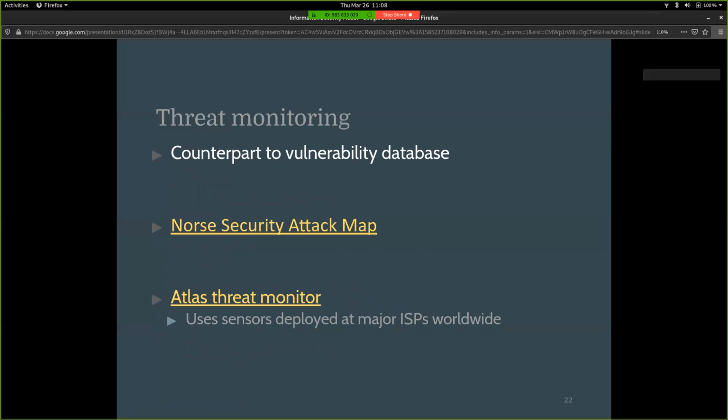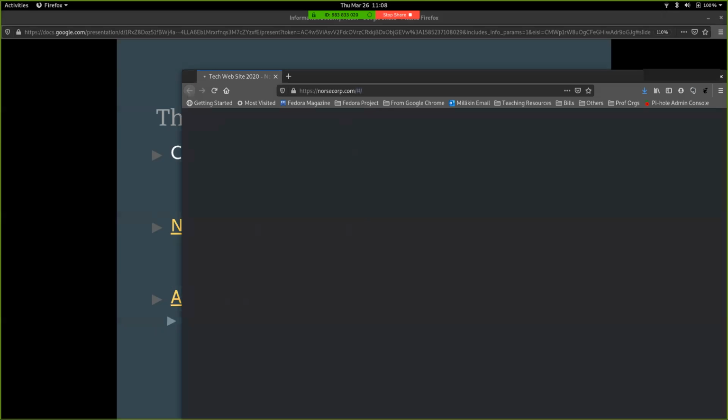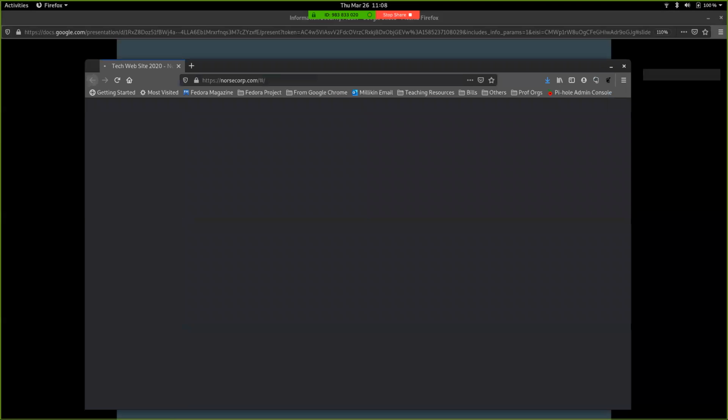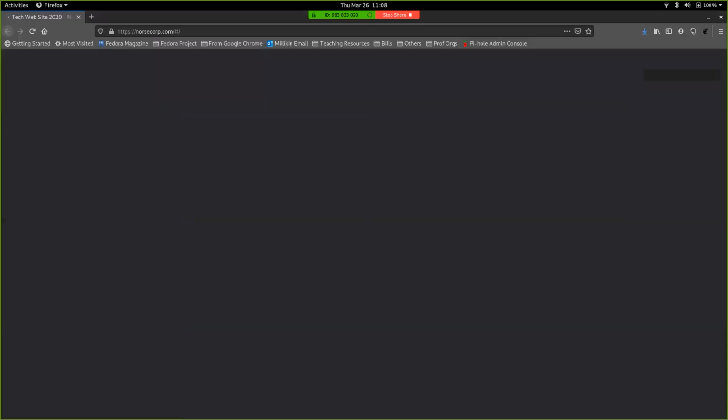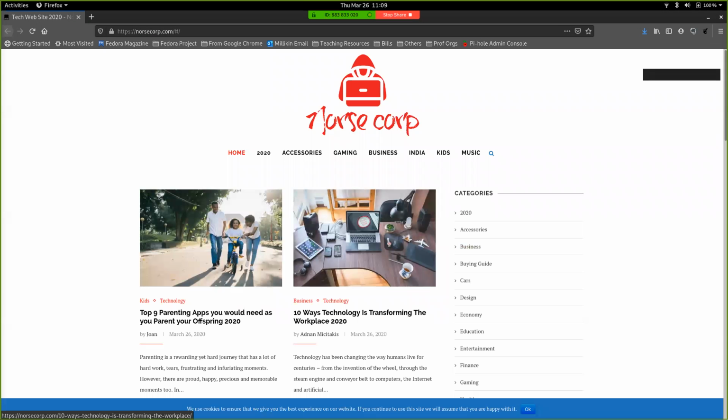A lot of information security companies do kind of attack maps to see the scope of that.